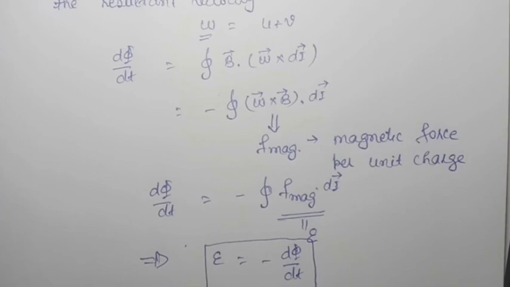According to this, whether we have a rectangular loop in a uniform magnetic field, or a non-rectangular loop in a non-uniform magnetic field, in all cases EMF is equal to minus the rate of change of flux with respect to time. Okay, thank you.